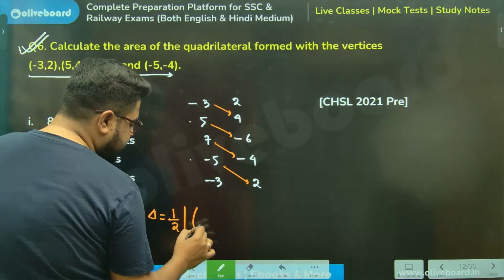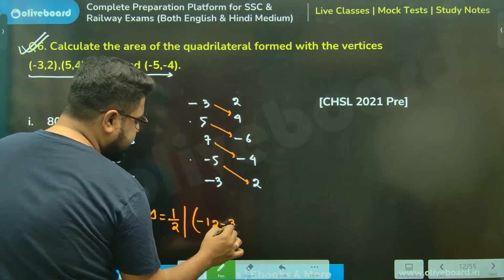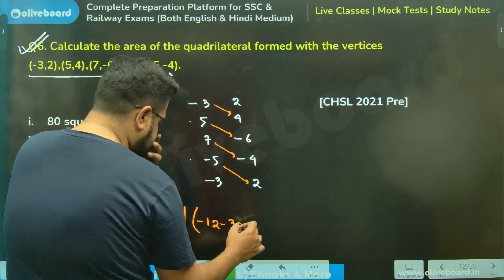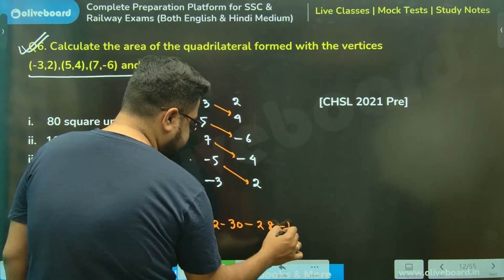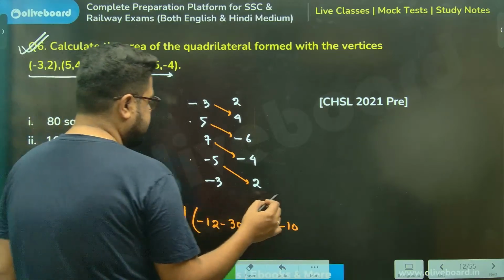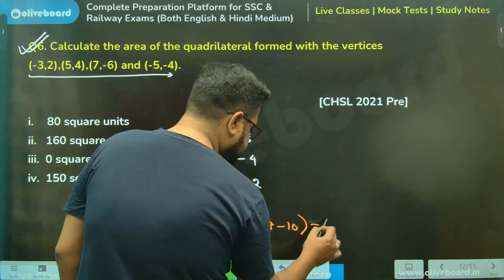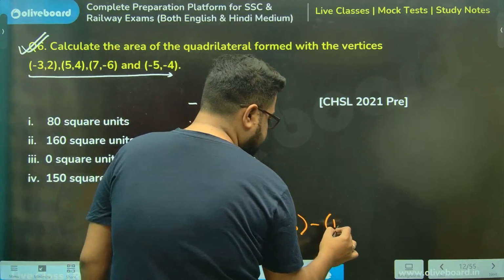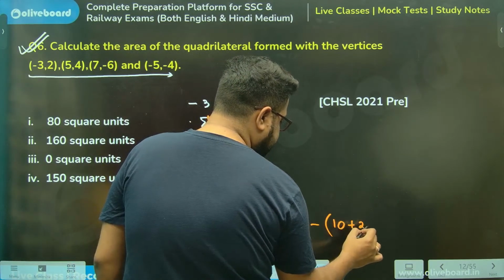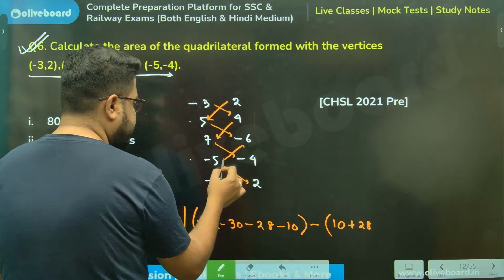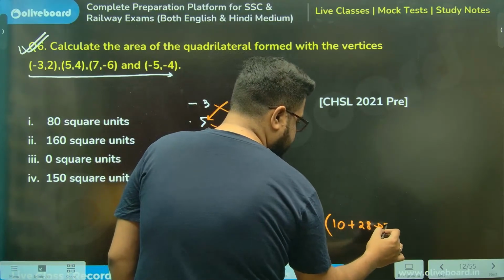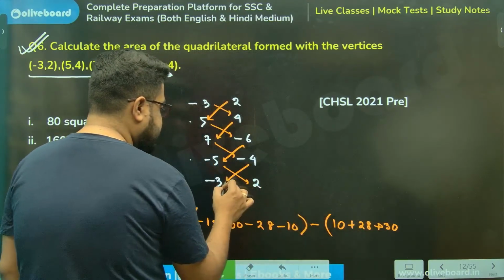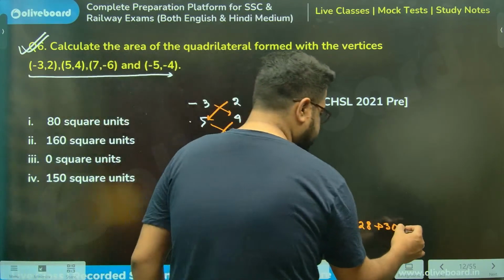This is -12, -30, so -28, -10. Minus. 5 2s are 10, 28. So plus 30. Plus 30. This is a minus minus plus 12.